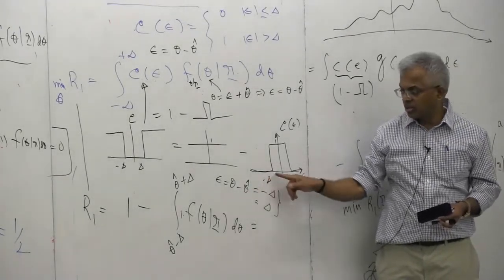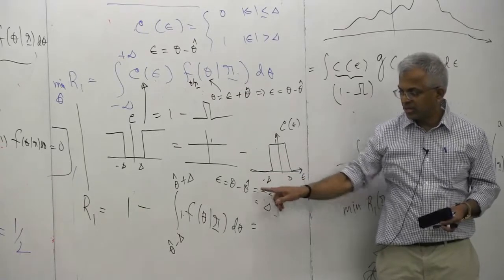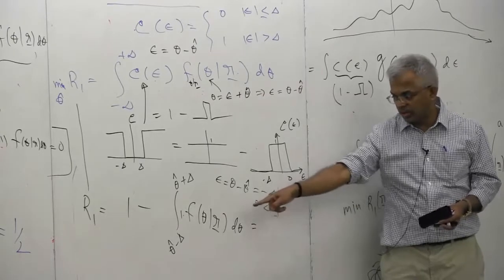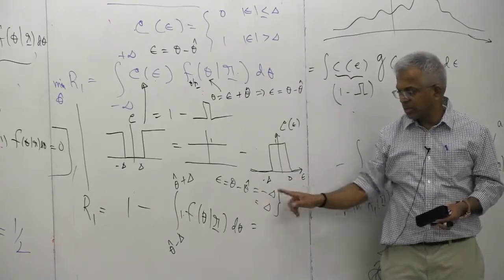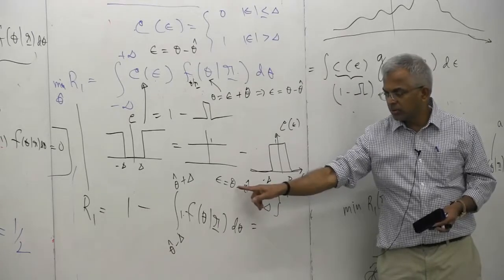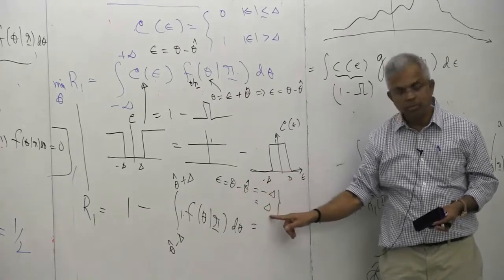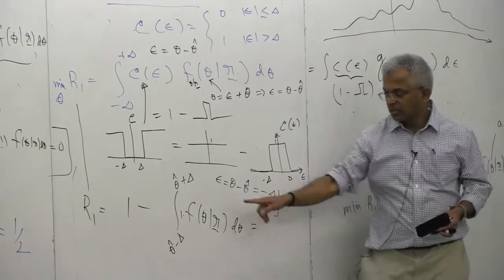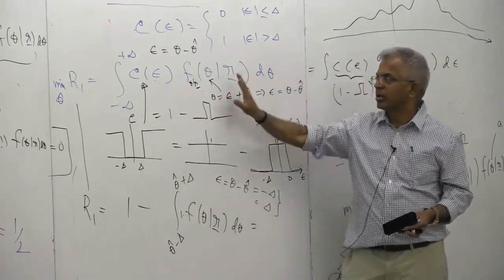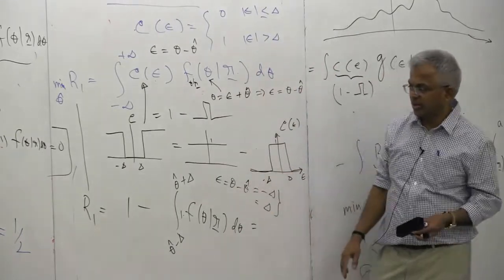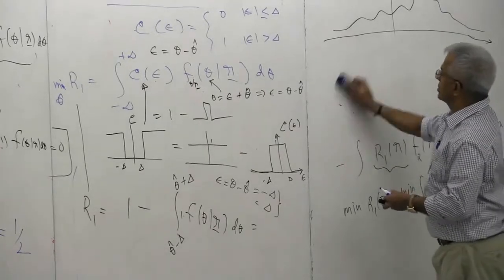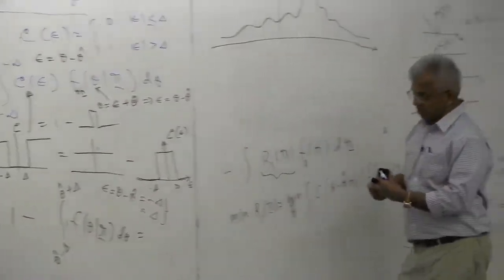So put this equal to one extreme, minus delta. The limit on theta is theta hat minus delta, which is what I wrote there. The other extreme is delta, so equate this to delta, then the limit on theta is theta hat plus delta, which is what I have here. Or if you don't like this, you can rewrite it, but I suggest this is the best way.